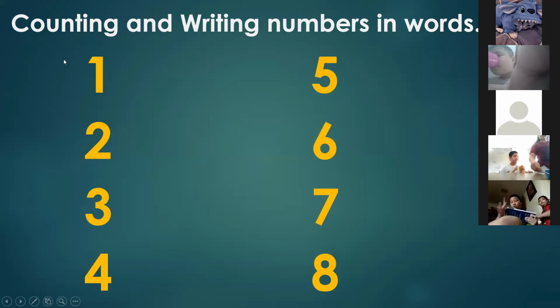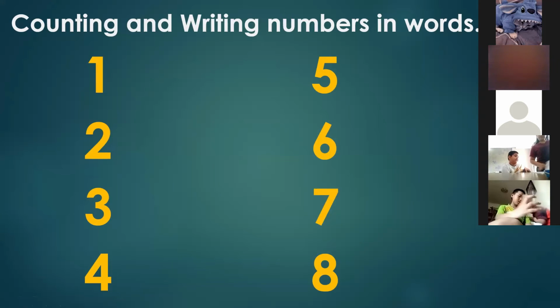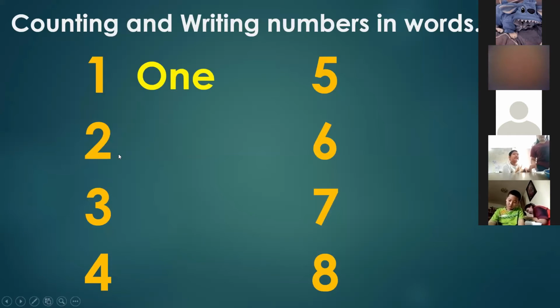Okay. So let's start with this number. This is number 1. How do you spell number 1? We're going to write it in words. O-N-E. 1. Okay. How about number 2? How do we spell 2?